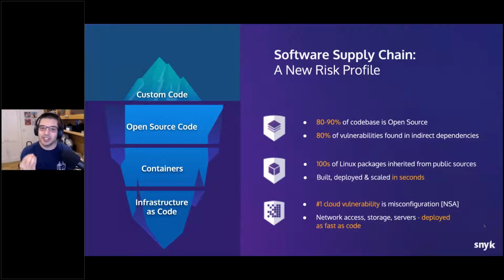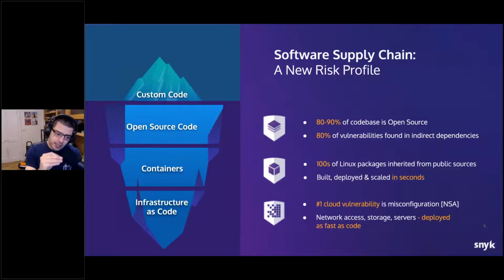It's very easy to put together a Terraform script or a Docker config, but it's extremely easy to misconfigure that such that we deploy yet another Amazon S3 bucket which has a misconfiguration, allowing it to be maybe even openly public to the rest of the world. So this is, and you can see the stat here from the NSA, the #1 cloud vulnerability is misconfiguration.